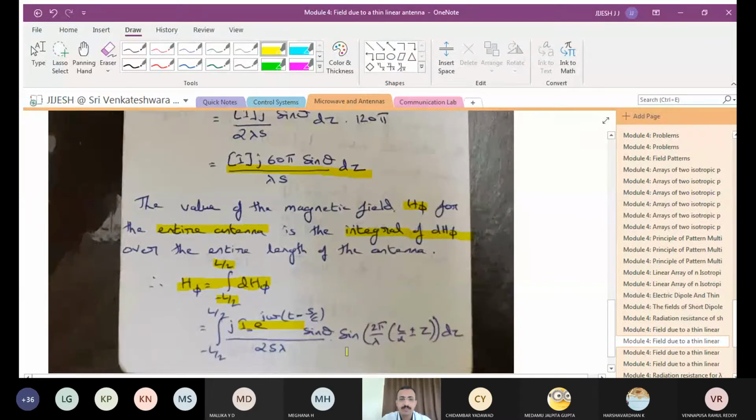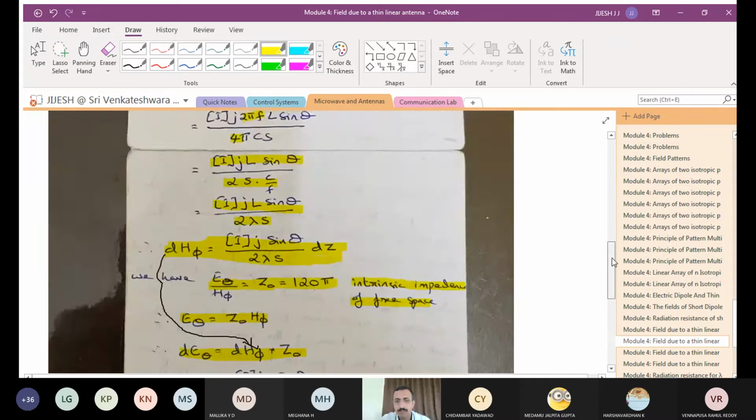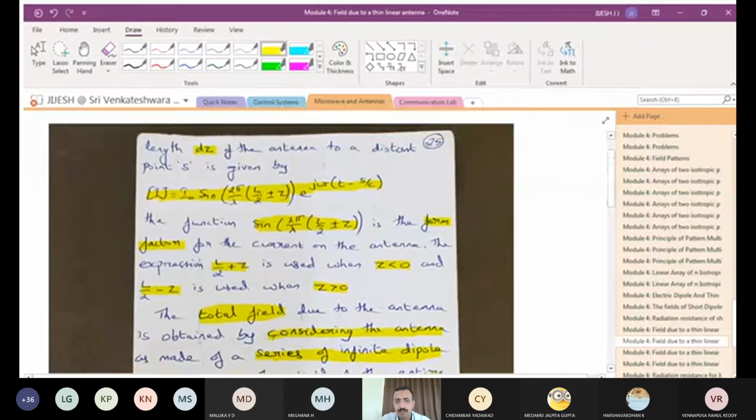So what I get here is, from minus L by 2 to L by 2, j, and in place of I, I have substituted I naught e to the power of j omega t minus s by c. Then the rest of the terms, sin theta divided by 2 s lambda, and the sine of this entire term, get substituted there.